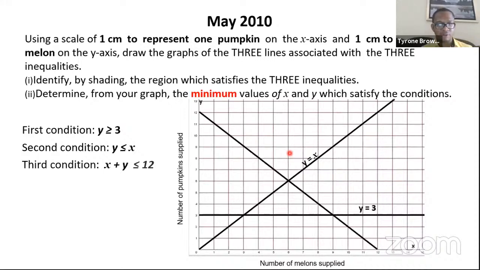Okay, beautiful. So we would have had this line X plus Y equal to 12. And of course, we'd have done the conversation before in terms of the regions. If it is that we want Y greater than 3, it would have been above or below the line.